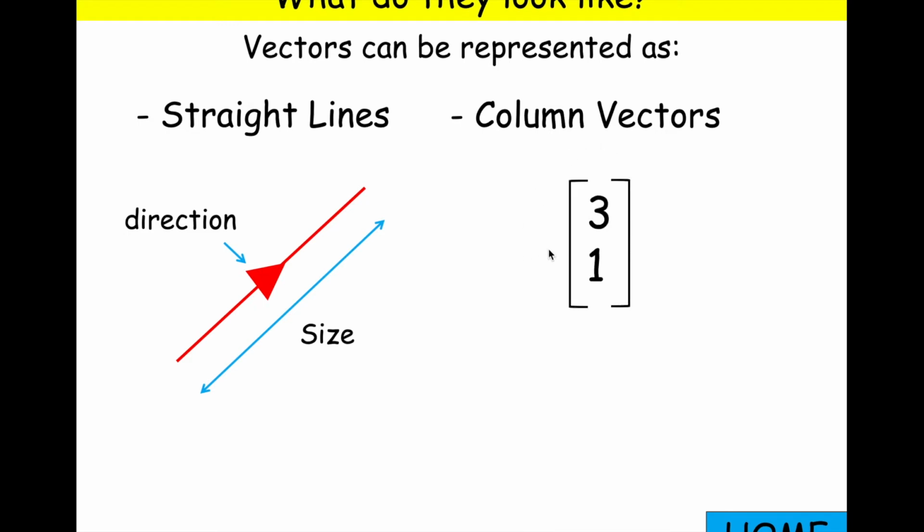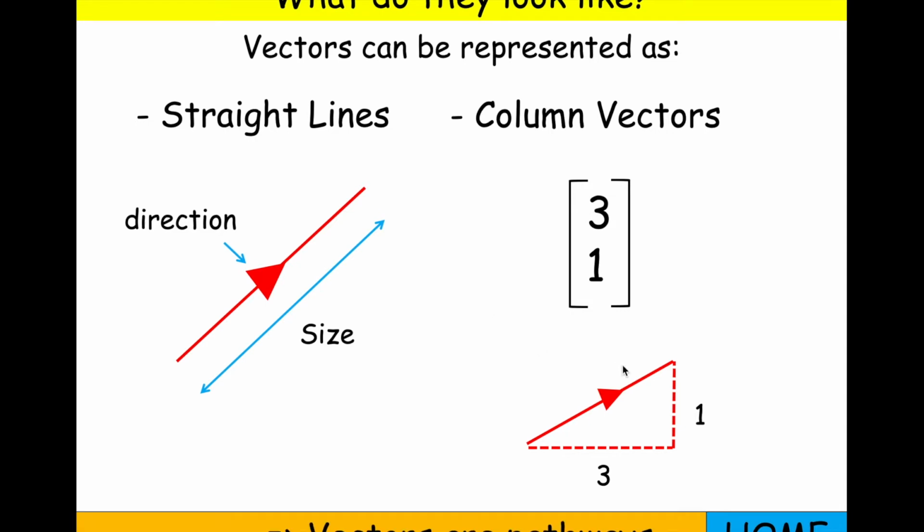For example, 3, 1. The top one being the horizontal direction, the bottom one being the vertical direction. Since this is positive, it means 3 units to the right, and this is 1 unit up, and this is our vector. So a vector can be represented by a straight line, like so, or by a column.